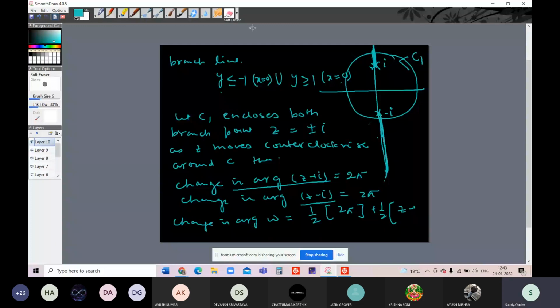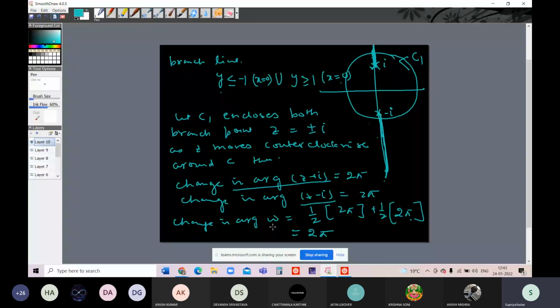So finally, the change in this W is 2 pi. Because it is 2 pi, it means that when we move around a circuit which is enclosing both the branch points, the branch will not change. Whatever branch of W we have, it will return to its original value.